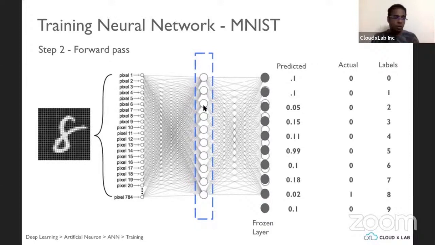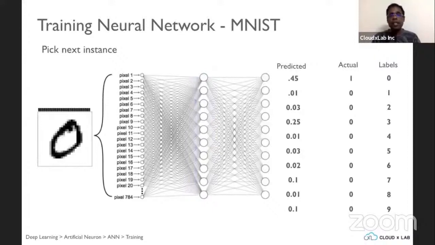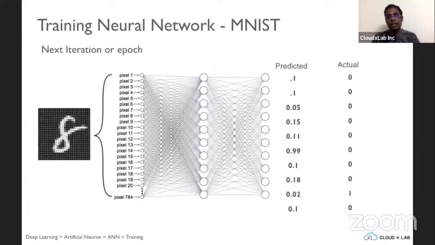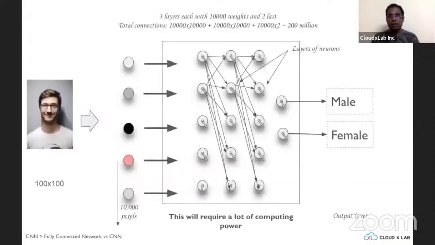Like we did with slope, you would try to see which direction you want to move your slope to get correct. Then you take your next instance and keep doing this over and over again. And this would be one iteration or one epoch. Now that's how you would do computer vision with deep neural networks.